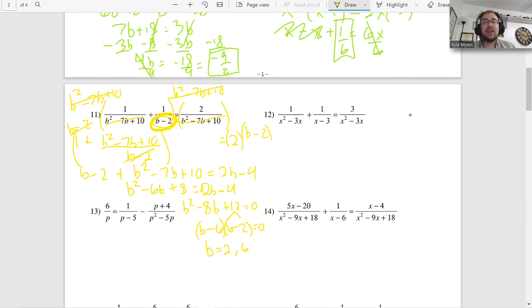You did all the right things, but you got one of the wrong answers. It's this weird oxymoron type deal where we didn't do any math wrong. We got b equals 2 and b equals 6 by doing all the right math, but one of the answers just happened to not work out. So only 6 was the correct answer there. Okay.